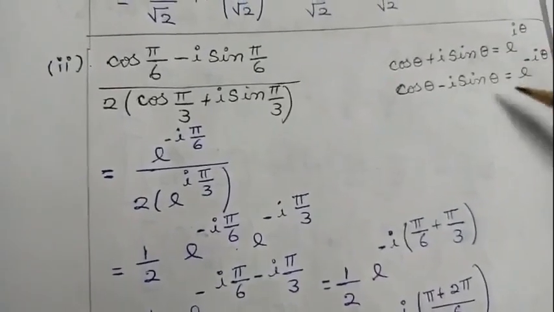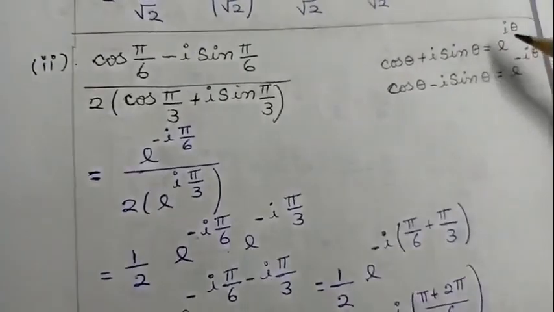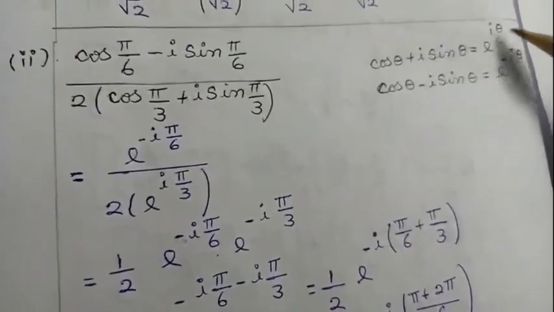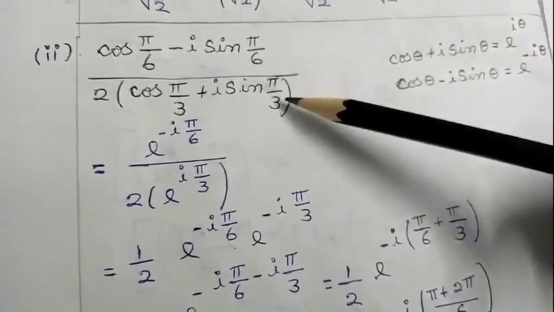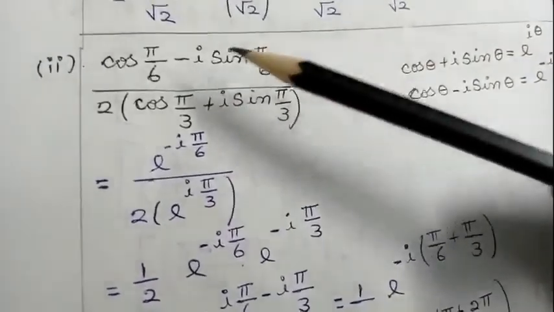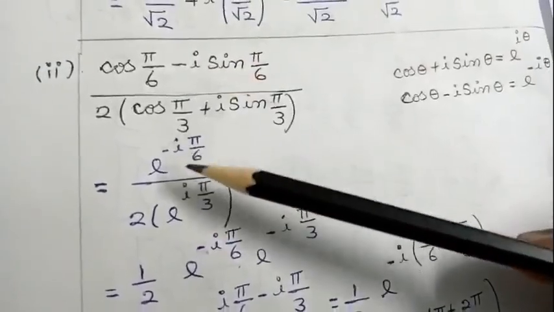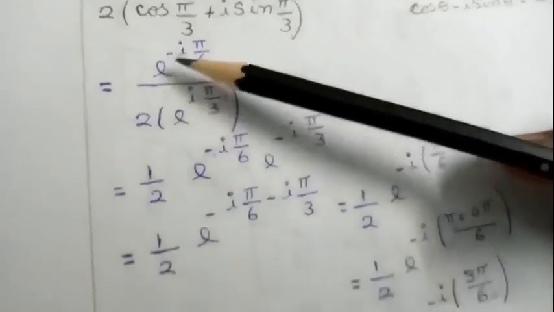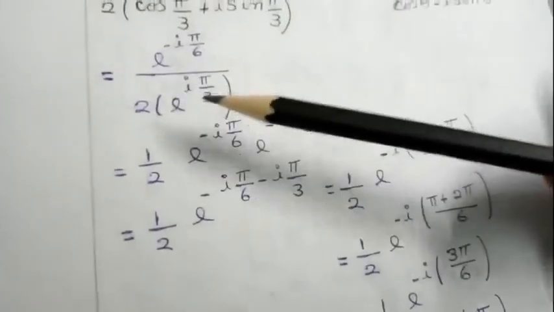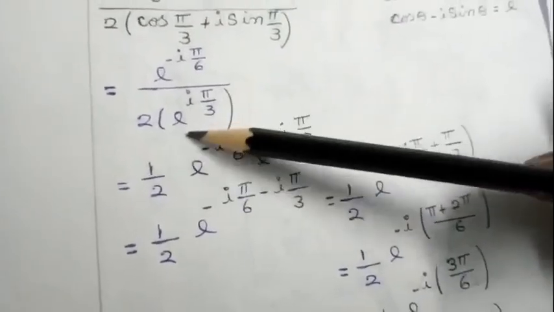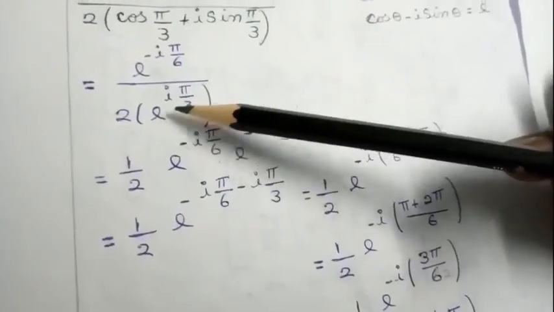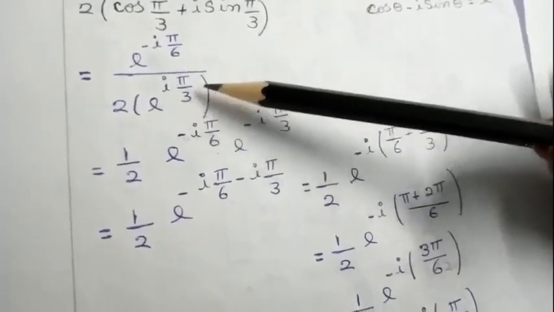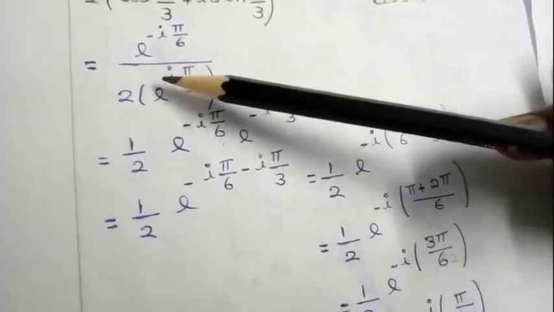Using this condition, I am going to prove the sum. So, in place of theta, the numerator I am having as pi by 6 and the denominator I am having as pi by 3. Since I am having negative, I am going to write it like this. That is e to the power minus i pi by 6 divided by 2 into e to the power i pi by 3. If I bring this e to the power i pi by 3 to my numerator, the denominator I am having as positive.